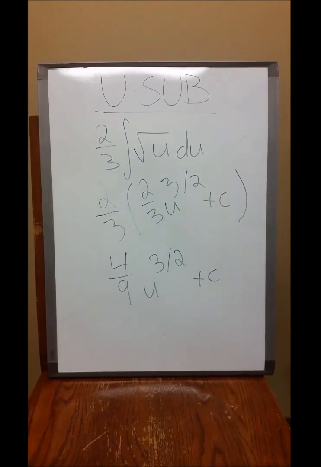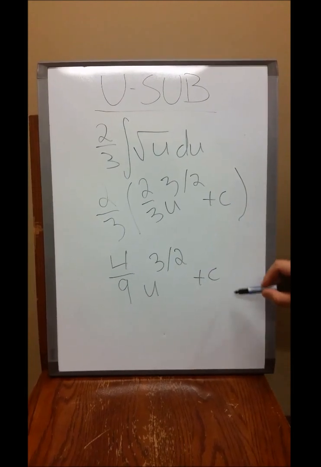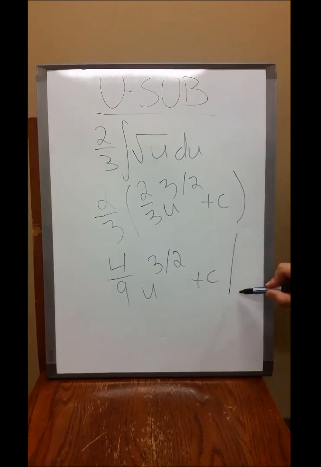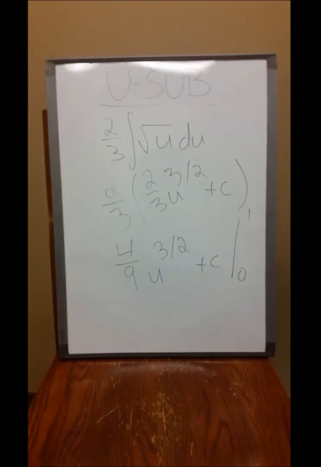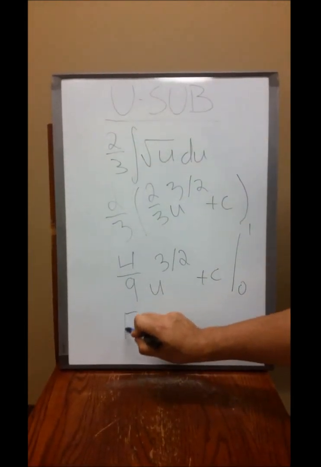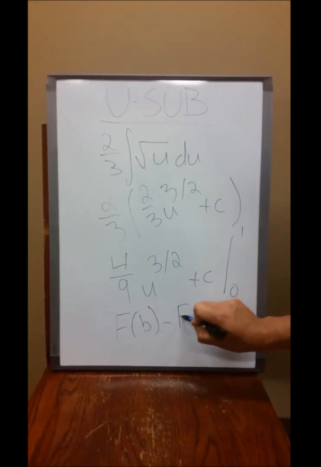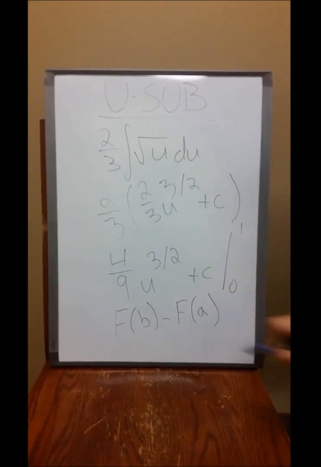And at this point, we can bring back our bounds from the original equation, which would be integrated from 0 to 1. So you must evaluate from 0 to 1 using the fundamental theorem of calculus, which is the antiderivative of b minus the antiderivative of a.